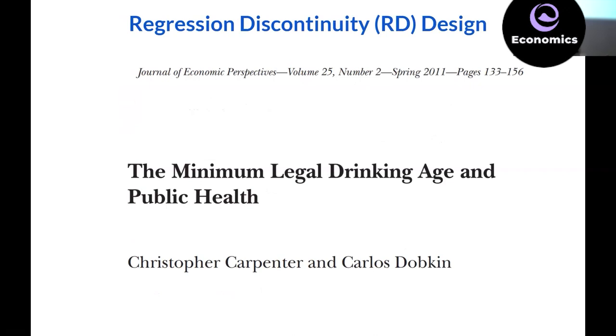Now, this may not directly tell you whether you should set a minimum legal drinking age or what age that should be. Right? But at least it's good to know that it matters.